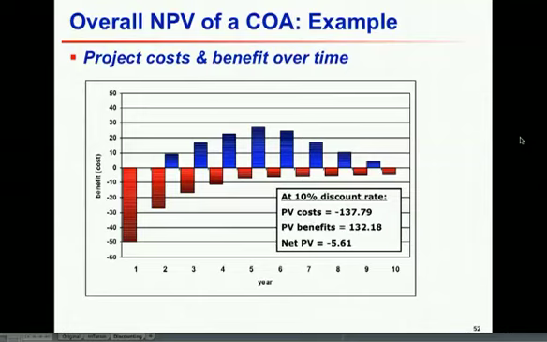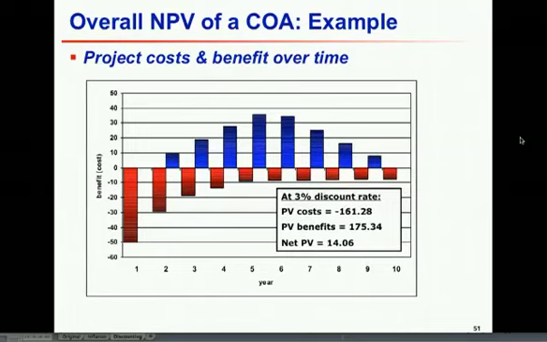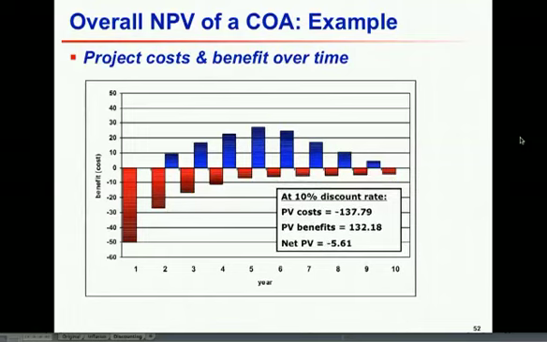With a 3% discount rate, this stream of costs and benefits would suggest yes, we should do that project. But at a 10% discount rate, the net present value is negative, and so we would say no go.